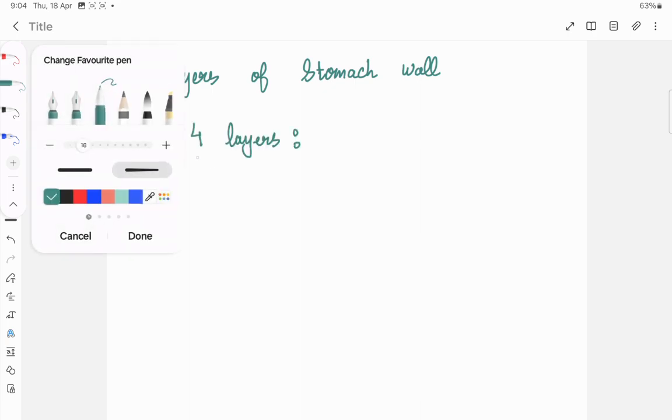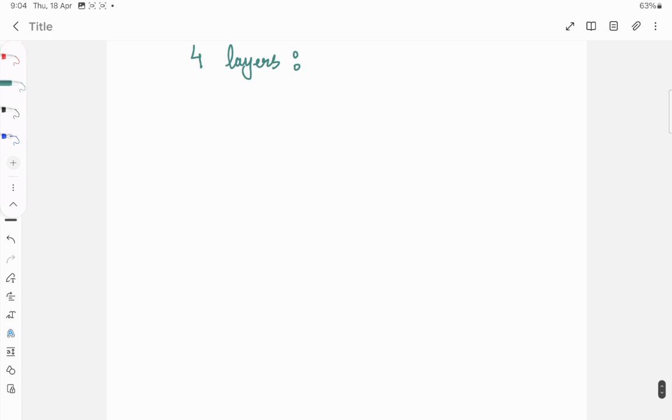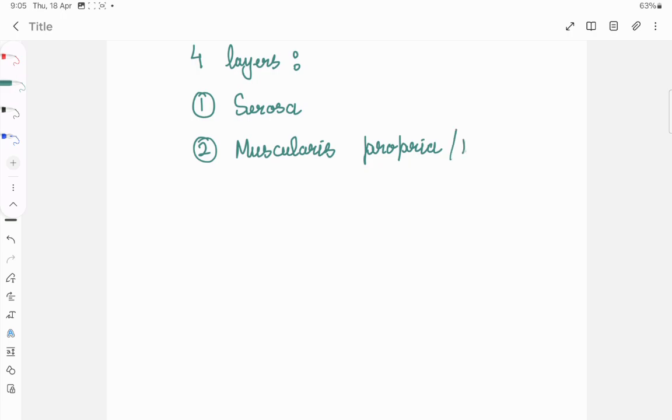So now lastly we will see the layers of the stomach wall. So we have 4 layers. Number 1, from the outside we will start. So we have serosa, which is a layer of visceral peritoneum. Next we have muscularis propria, also called muscularis externa.